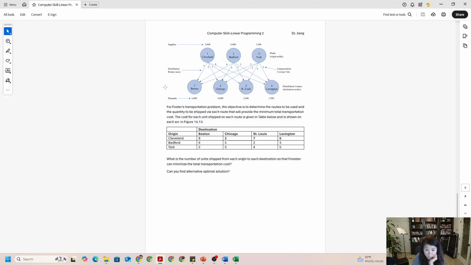So in total we have 12 possible choices that we need to make, how many to ship on each route. Correspondingly, they map to 12 different costs.